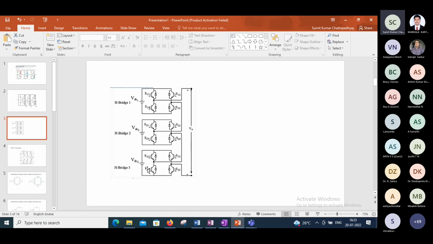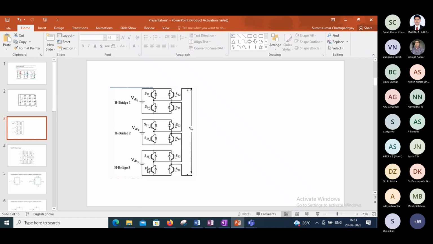So that can give you 17 levels at the output phase voltage. So with 17 levels, what power quality you can generate with nearly 150 hertz switching per cell, only 150 hertz per cell, it is switching.